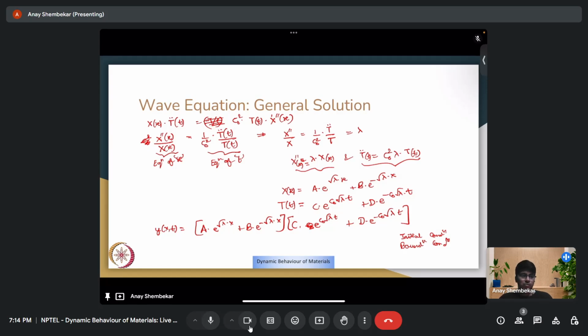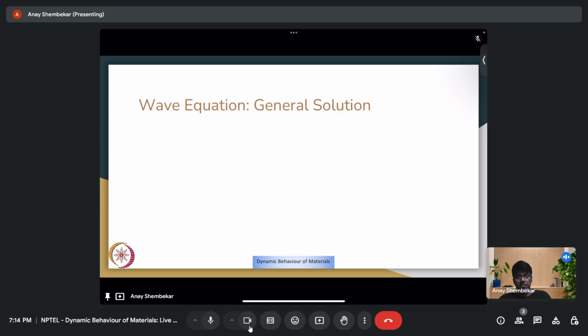Another way to solve this was given by D'Alembert. We have already looked at it in class, but I'll just go through the steps once before a numerical example. Suppose our wave equation is of the form dou square u by dou t square equals c naught square dou square u by dou x square.